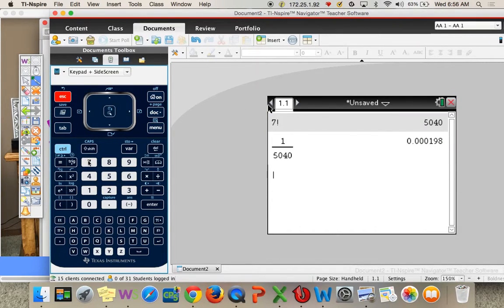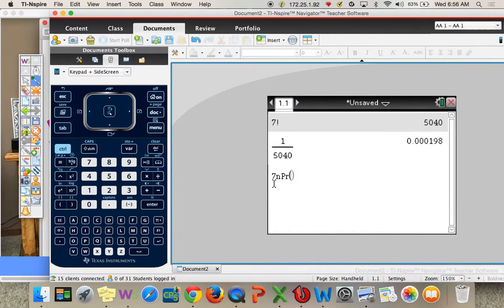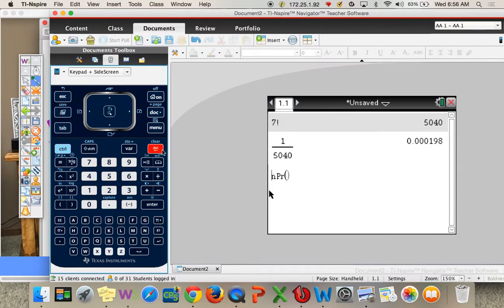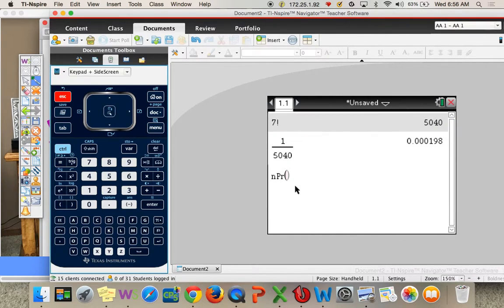So 7 members to choose from. Go to menu, probability, permutation. In this calculator, you do that first. It tells you what order to type them in. So NPR means 7, and out of those 7, we're choosing 4 of them. And we get 840. So that multiplies 7 times 6 times 5 times 4 for us.